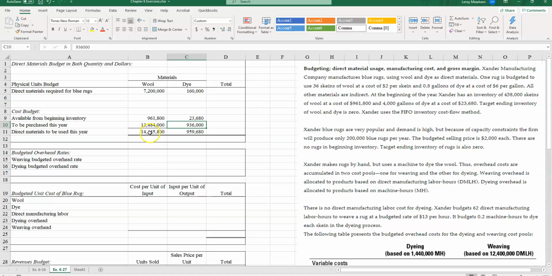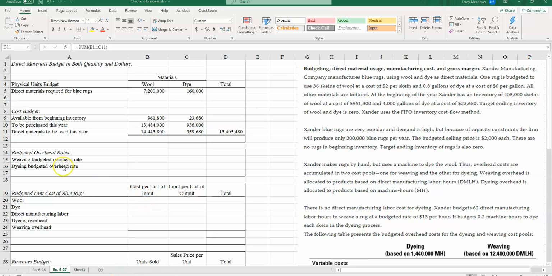Well, I'm going to have $14,445,800 worth of wool, plus $959,680 for the dye, and that will give me $15,405,480 total cost of direct materials for the 200,000 rugs.